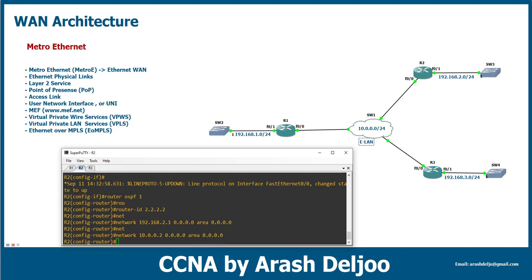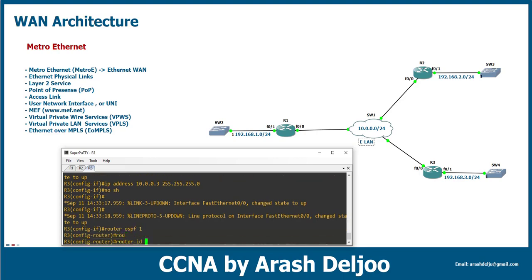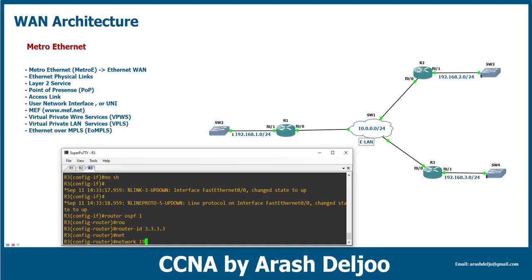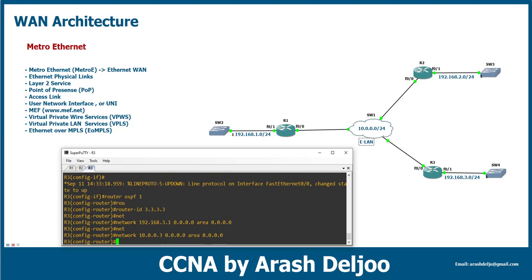And then router 3: router OSPF 1, router ID is 3.3.3.3, network 192.168.3.1 0.0.0.0 area 0, and then network 10.0.0.3 0.0.0.0 area 0. That's it. This is the configuration of OSPF.